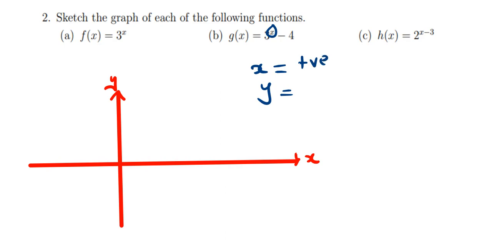Then look at the value of the whole function. It is also positive, so we're going to the positive values of y. Now how are we going to go? We also have to find where our graph is going to cut the x or the y axis.